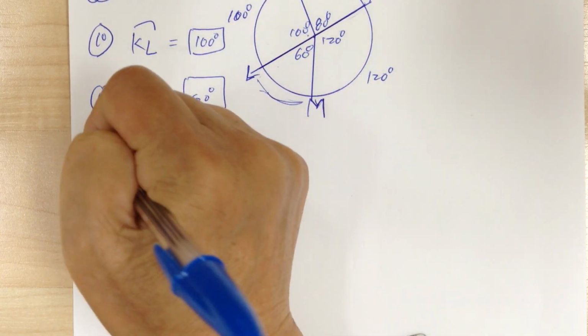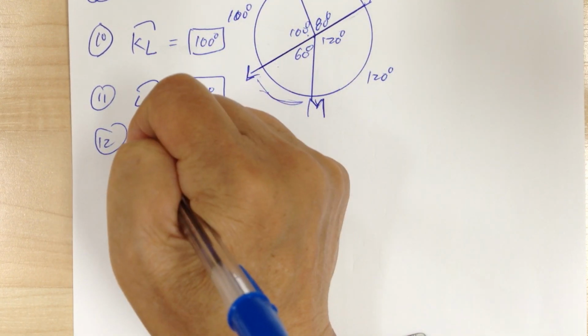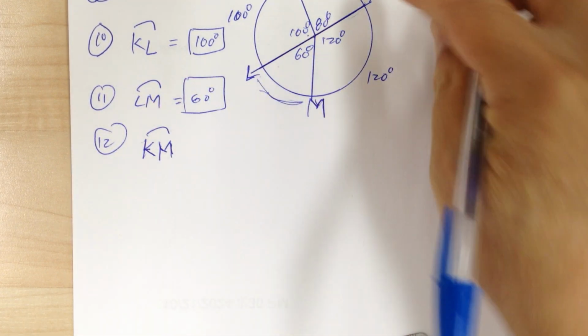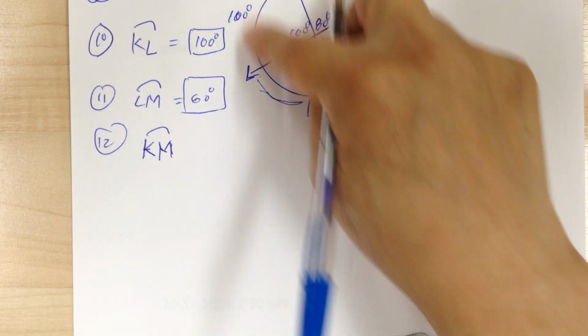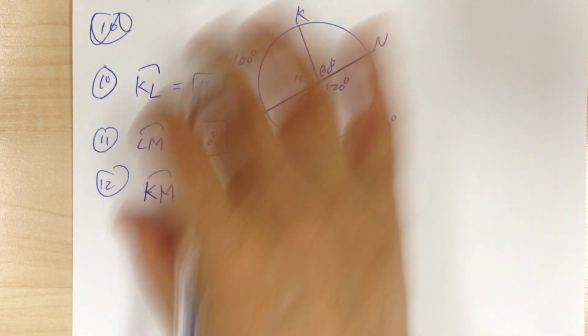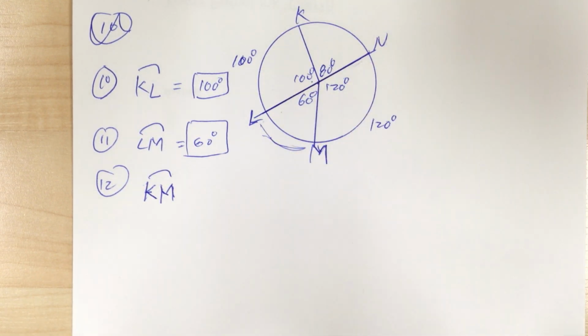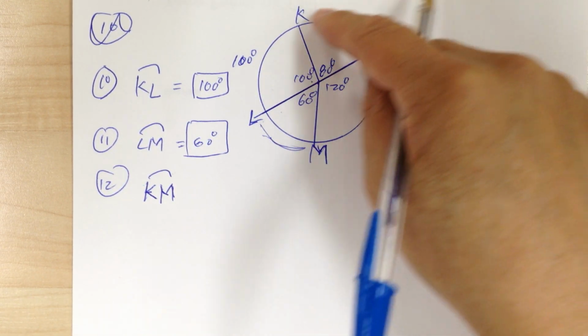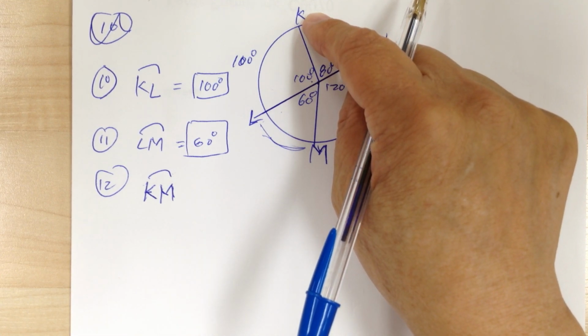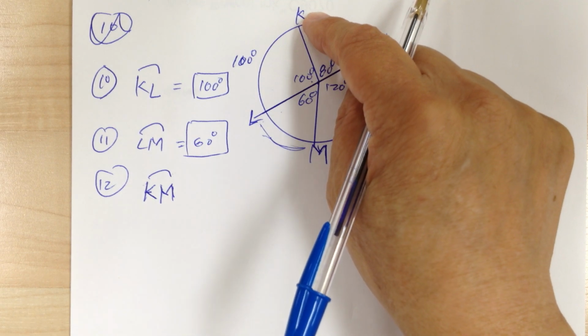Number 12, KM. Just label the diagram as much as you can, so things become obvious. Now remember, when they use two letters, it means it's a minor arc, a smaller one.